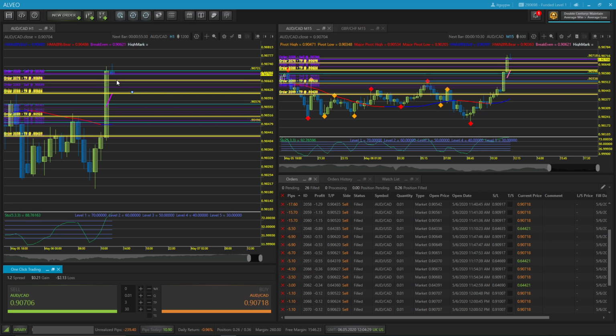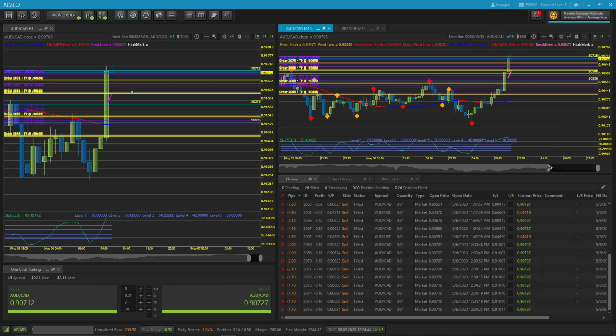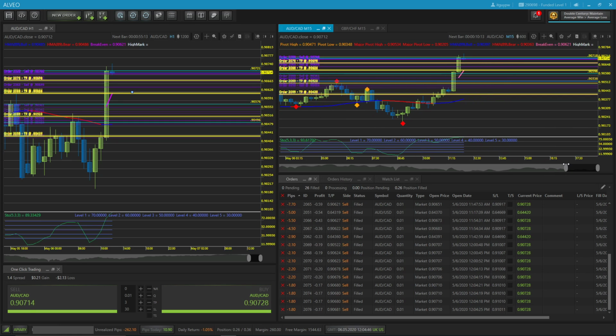Build a nice little layering here at 3 pips to see if we can get some of those to take profit, and then hopefully it'll come on down into our lower ranges here. As much as the price has moved, it's still moving pretty slow, as far as volatility goes.